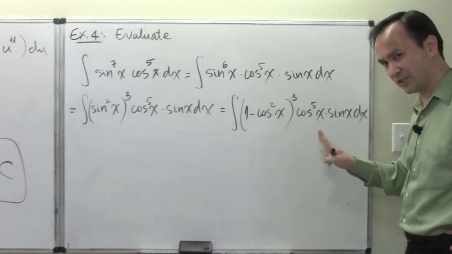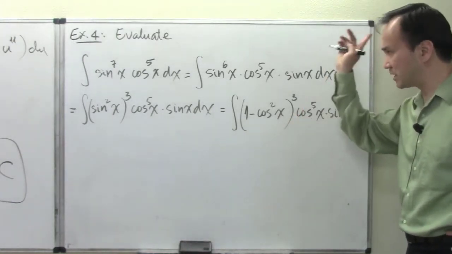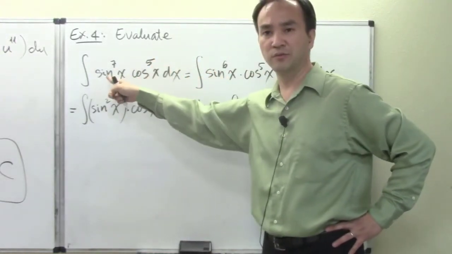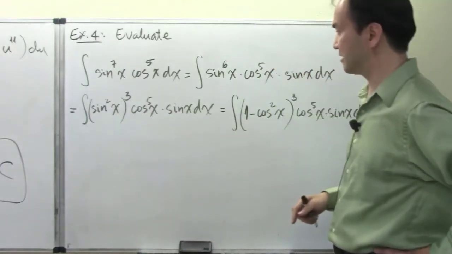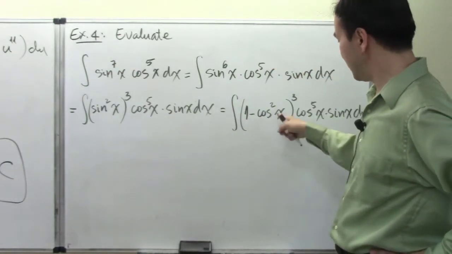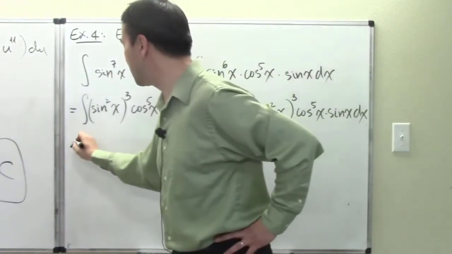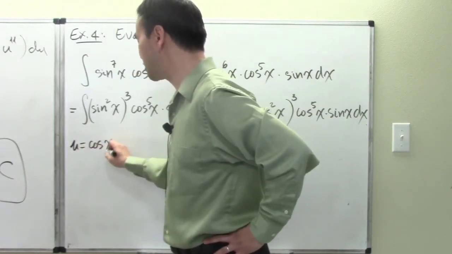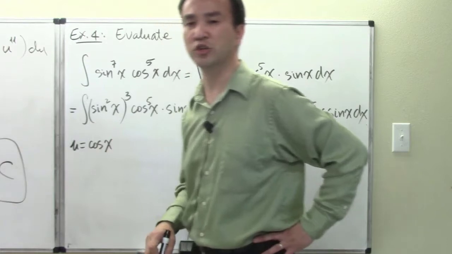Nothing unusual, it's just a different route. Instead of tackling the cosine as earlier, now we tackle the sine to the 7. At this point I'm making my substitution: this time I'm deciding to substitute cosine of x for a new variable u.